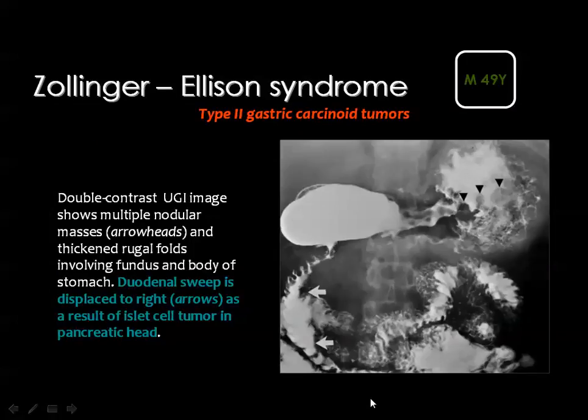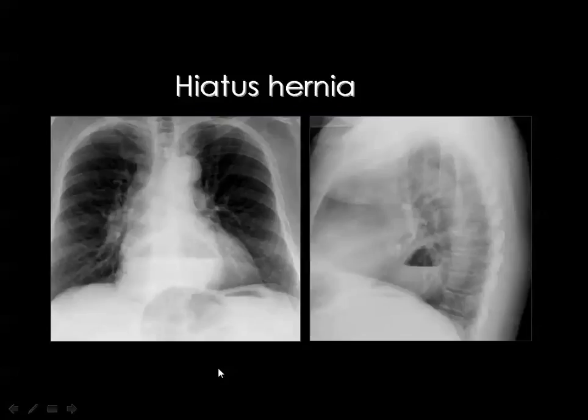And this is an example of Zollinger-Ellison syndrome with hypertrophied nodular appearance of the gastric mucosa, and also you can see that the duodenal curve is markedly widened and compressed, assuming that there should be a mass in the pancreatic head, which represents this gastrinoma, and the combination of this and this is indicative of this syndrome.